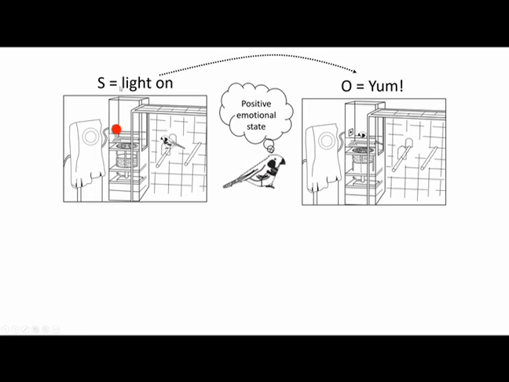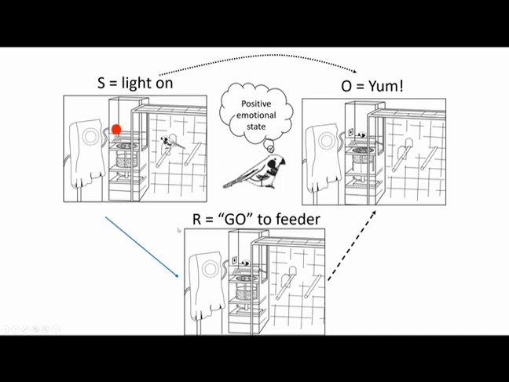So our stimulus now creates this positive emotional state because of the association with that good or appetitive outcome, which means that the bird will do the behavior, they will make the response that then gets them that positive outcome. So the expectancy of getting this good reward, this link, will then motivate the occurrence of the stimulus then being followed by the given response. So the S to the R.